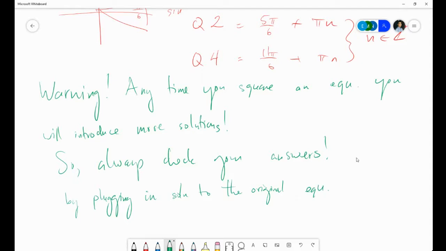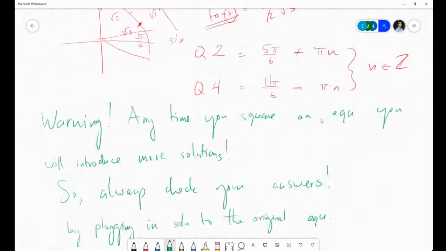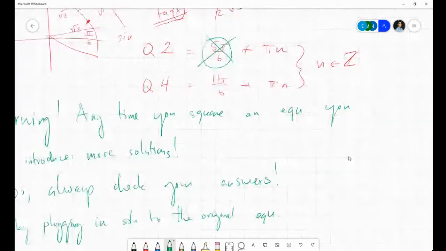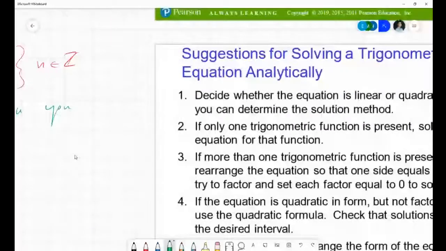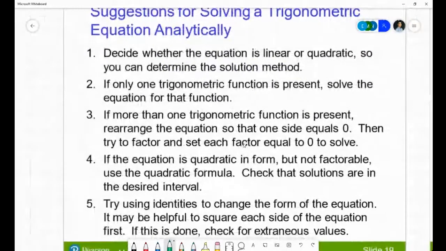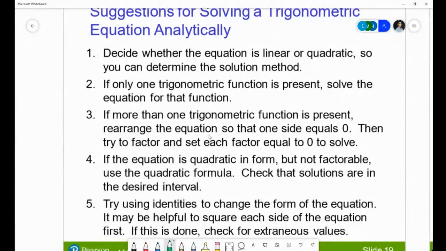Okay. And in this example, the 5 pi over 6 did not work. And then these are the suggestions I went over previously. So we can see if it's linear or quadratic. If it's quadratic, you can always use the quadratic formula or try to factor.